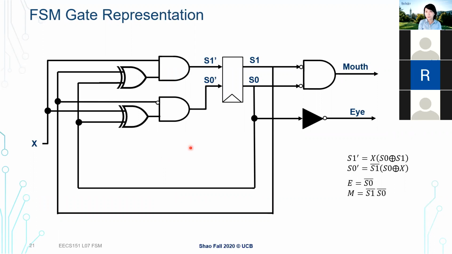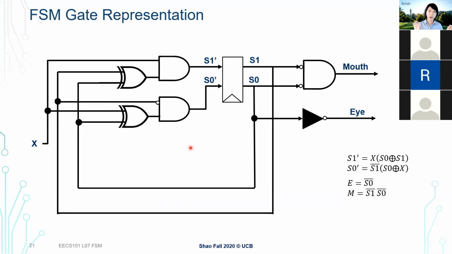So if you recall at the very beginning, we mentioned for any FSM, 3 very important parts. We have the state register, flip-flops to store the states. And then we have 2 combinational logic blocks. One combinational logic is used to compute the next state, and another combinational logic is used to compute the output.